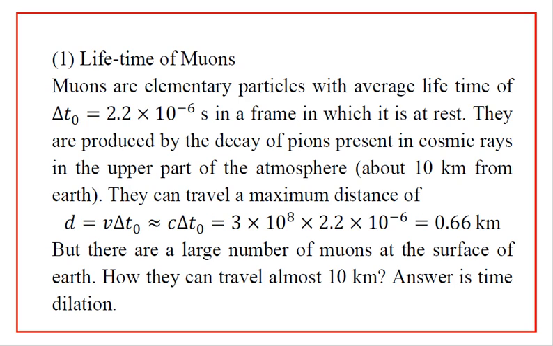So how is it possible that the muons produced at a distance of 10 km can reach the surface of Earth, whereas the expected distance traveled by the muon is only 0.66 km? So the answer is time dilation.